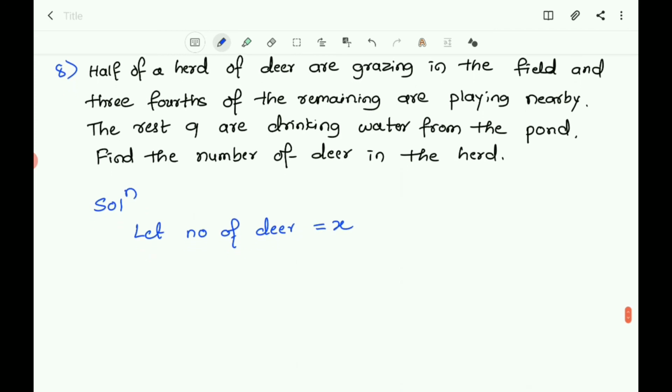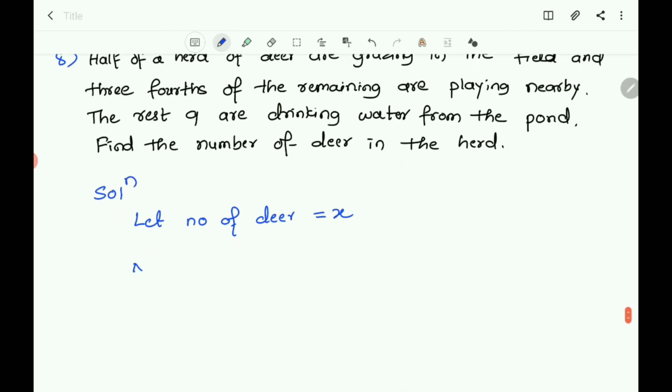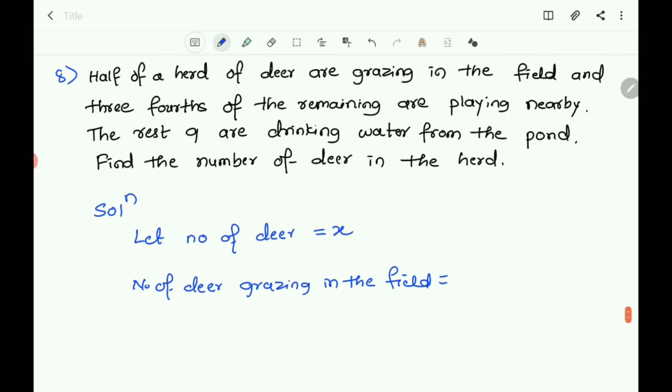Then the number of deer grazing in the field is half of the number of deer, that is half of x, which is x by 2.